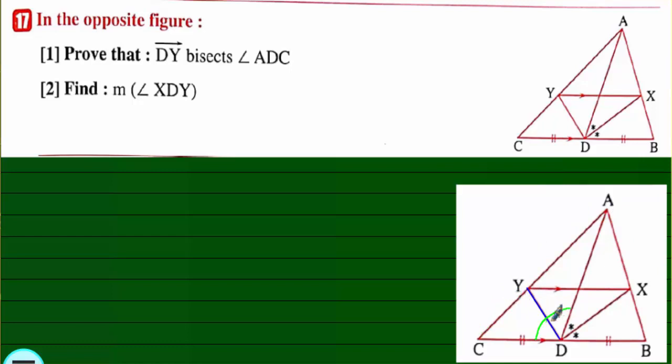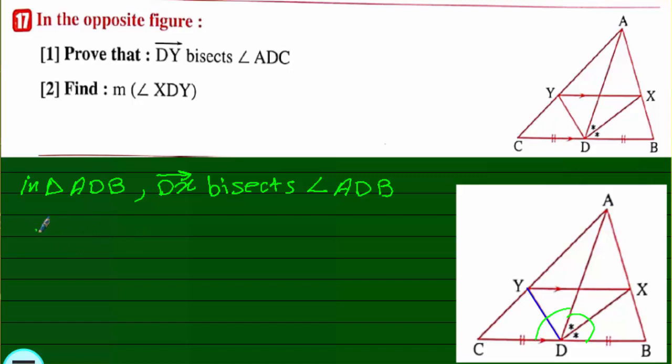Okay, here we have DX bisects angle ADB. So we say in triangle ADB, we have DX bisects angle ADB. It is given.